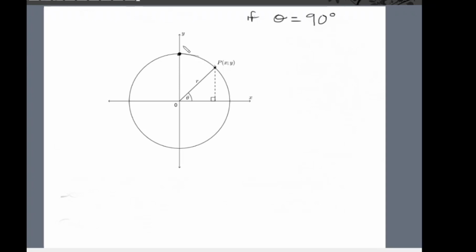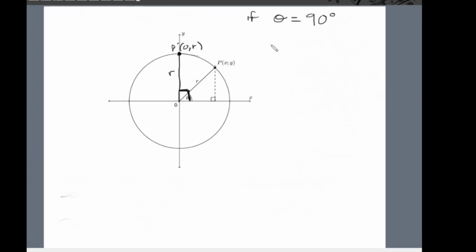At that point, if we take point P to this position, x will be 0 and y will be equal to the hypotenuse, the radius. That is the radius, right? So that will be the situation. Now in this position, theta will be 90 degrees, right?